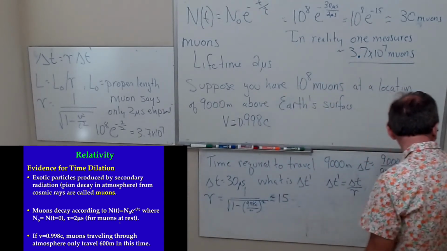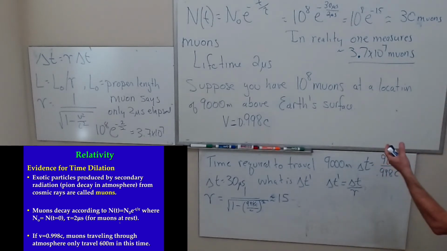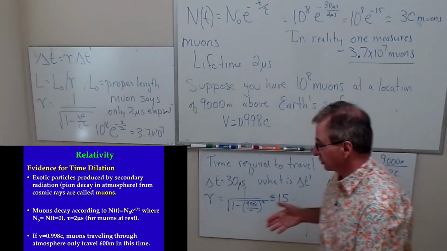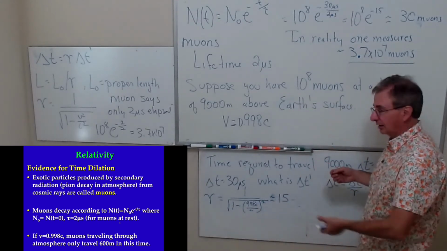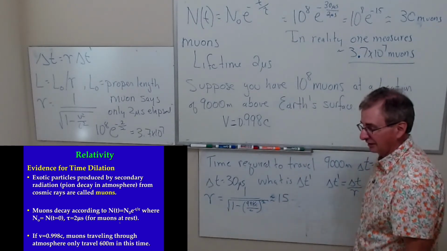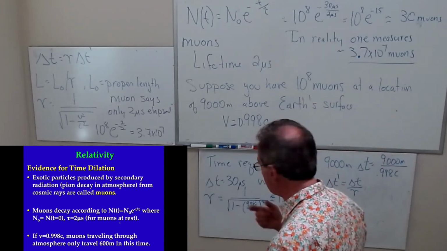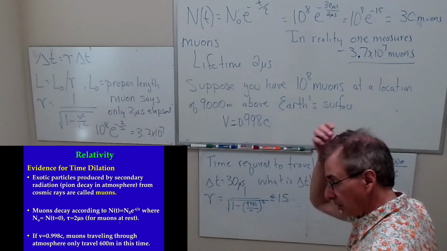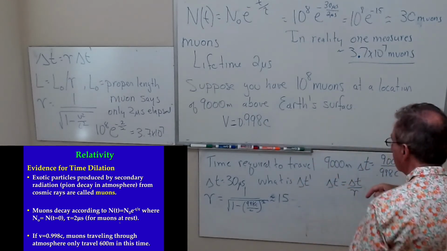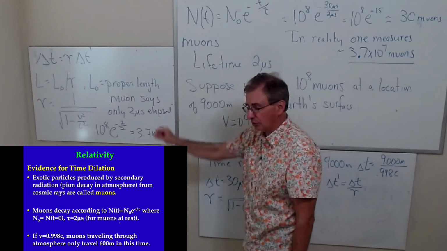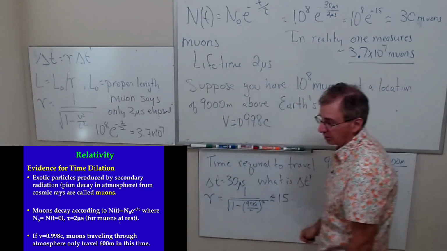I made up these numbers just for simplicity. But the experiment was done by Rossi in 1941. It showed this effect, that in the muon's frame, the elapsed time was much less than in our frame. And so they last longer than what you would expect, and so you would actually count this value. Because in the muon's frame, the clock runs slower.